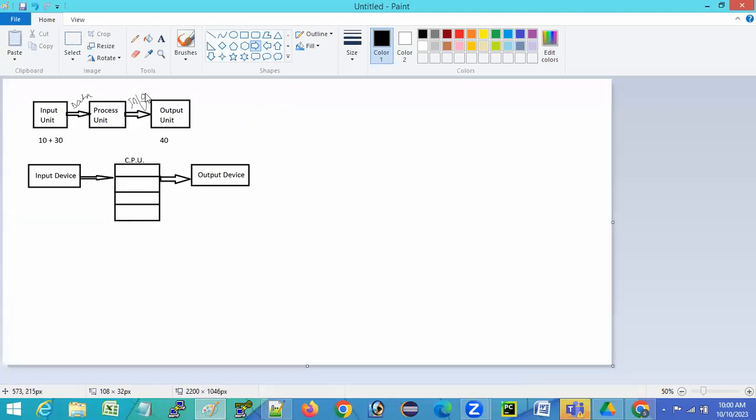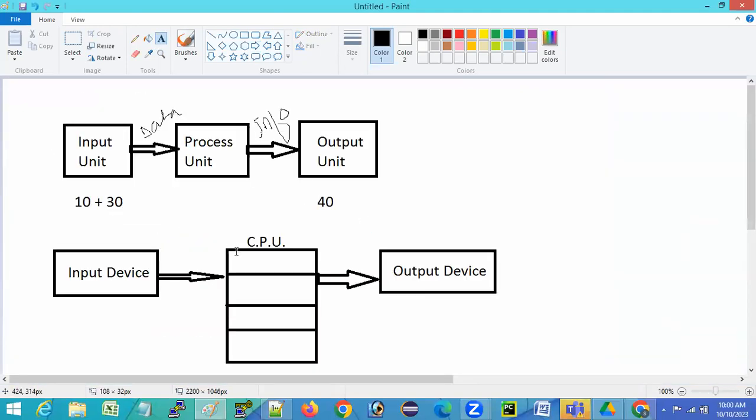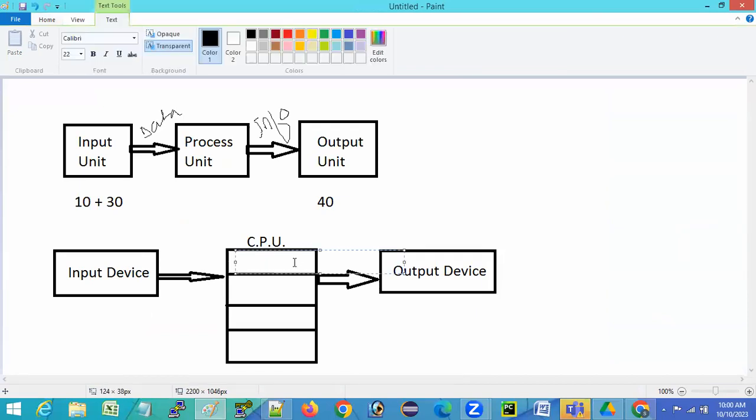Now, see, this CPU is further divided into ALU, then CU, then memory. This memory is again divided into two parts.